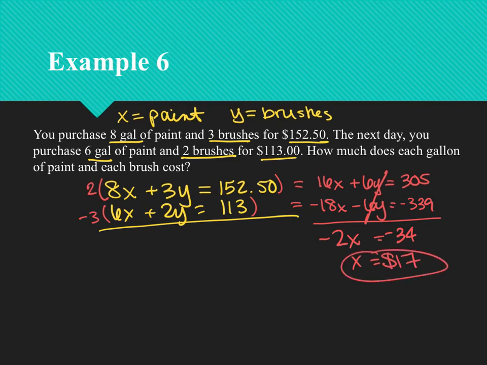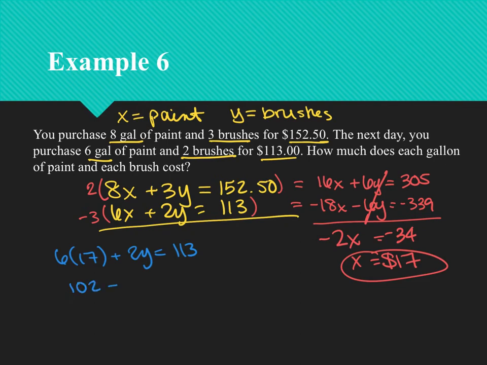And then in order to find my y, or the cost of each brush, I'm going to plug it into one of these two equations. Now, I personally am going to use the bottom equation, just because I think the numbers are a little bit smaller. So I'm going to have 6 times $17 plus 2y equals 113. And 6 times 17 is actually going to give me 102.